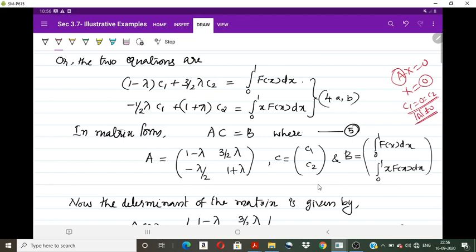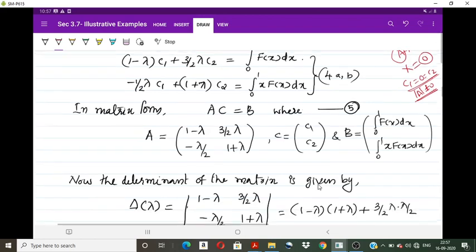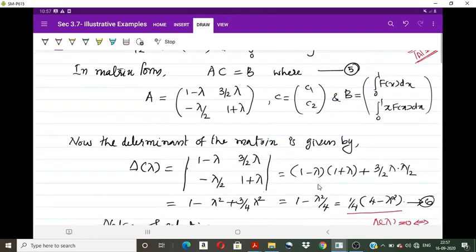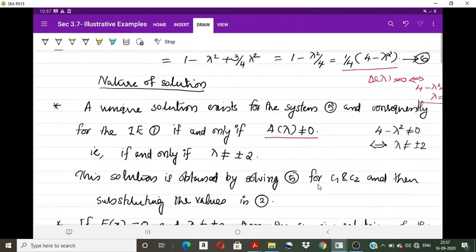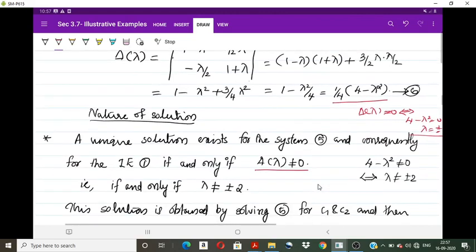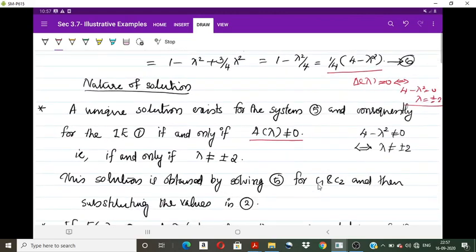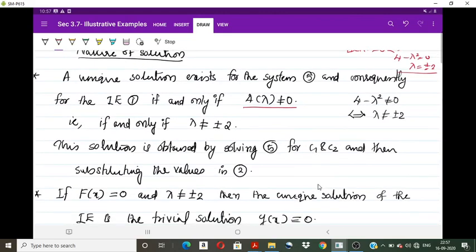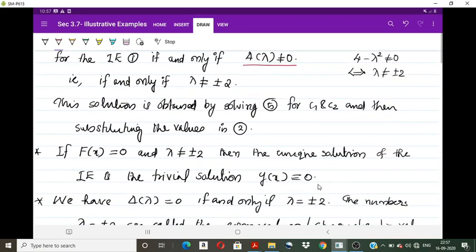So, keeping this in mind, the system 5 becomes AC equal to 0 when f of x is equal to 0. Then we have the unique solution if delta of lambda is not equal to 0, that is, lambda not equal to plus or minus 2, and f of x equal to 0.